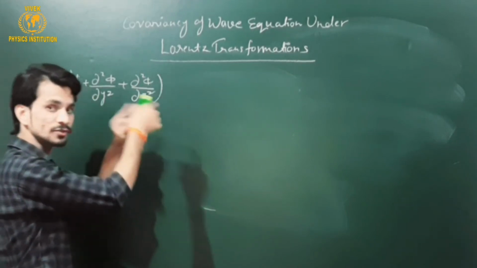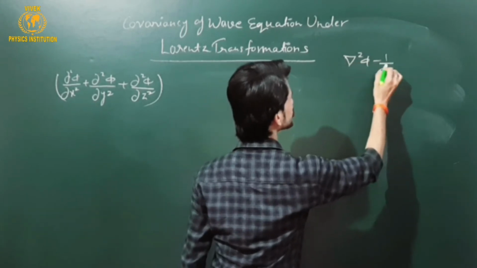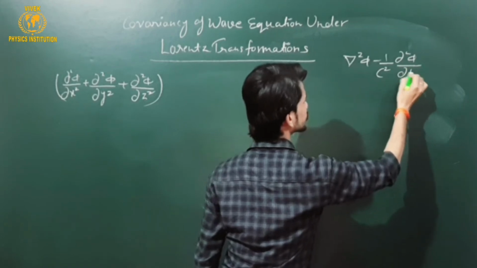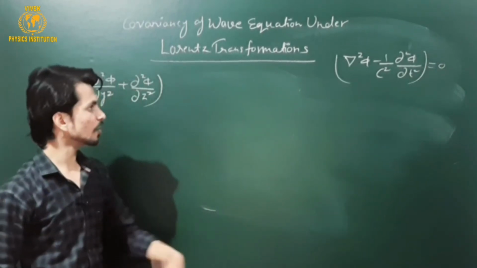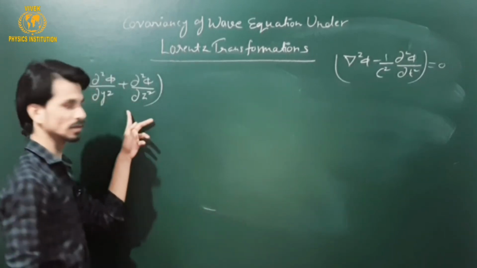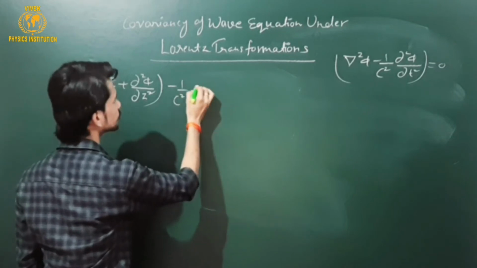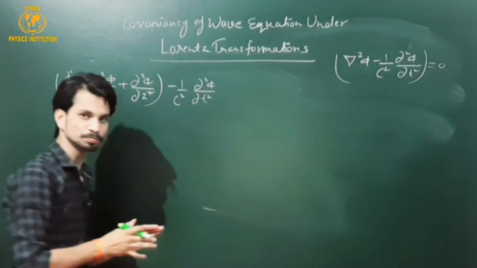This is for del square phi. Del square phi minus 1 upon c square del square phi over del t square equals 0. This is the general form, in the partial derivative form, minus 1 upon c square into del square phi upon del t square.